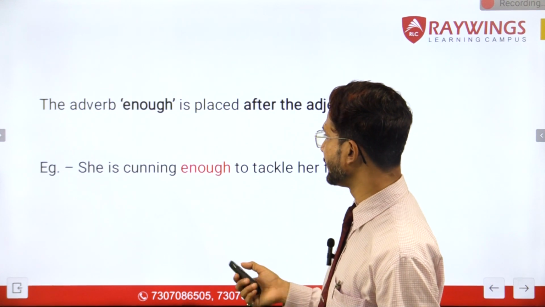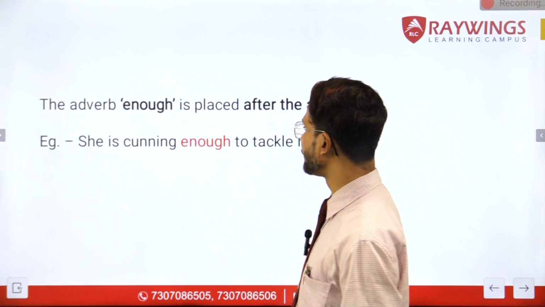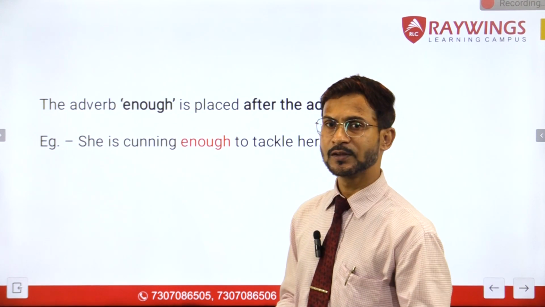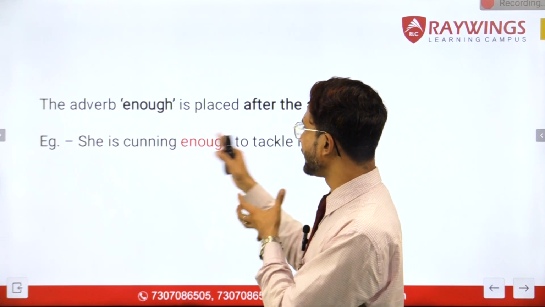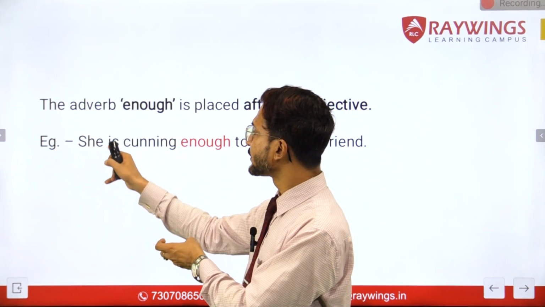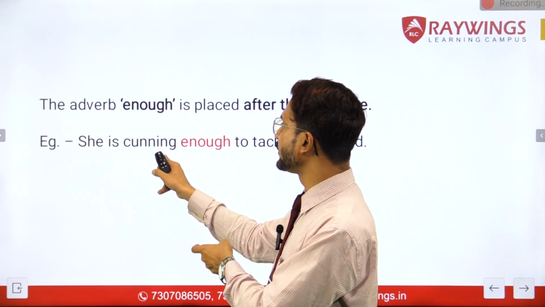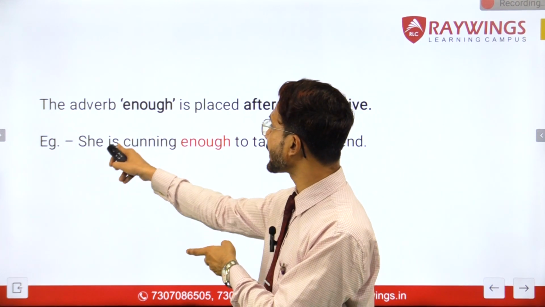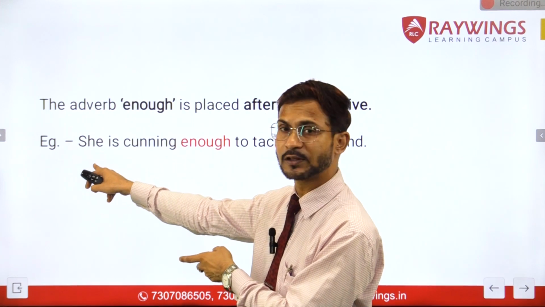Let us have a look at the examples. The first example says, she is cunning enough to tackle her friend. When I say that she is cunning enough to tackle her friend, she is the subject. And this subject is being defined by this word cunning. How is she? So this is actually defining the quality of this pronoun.